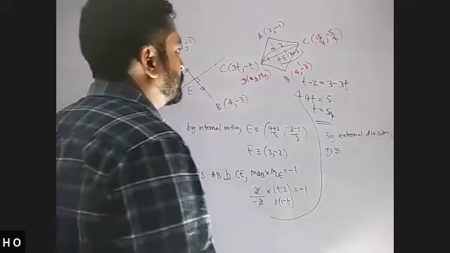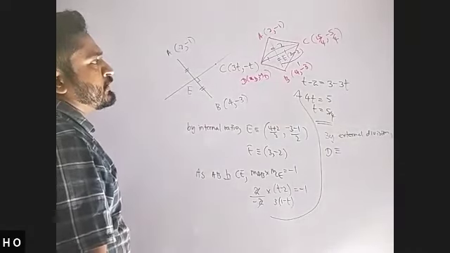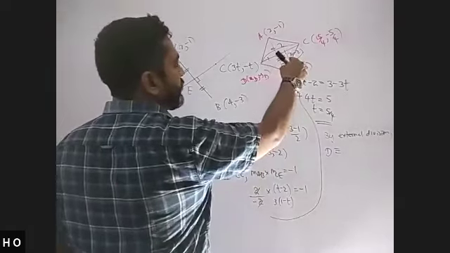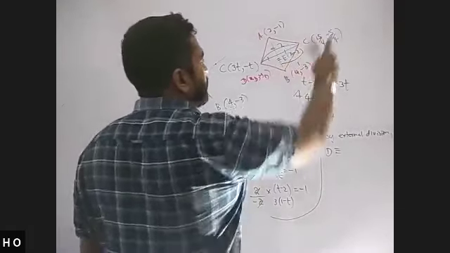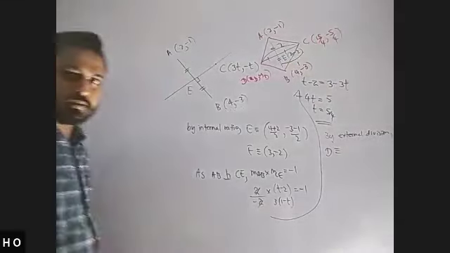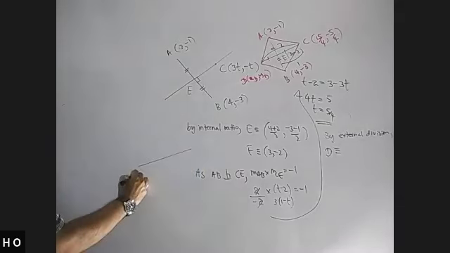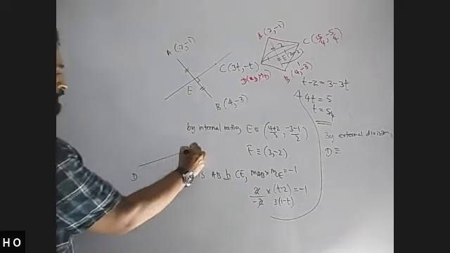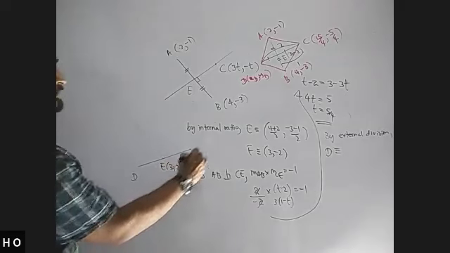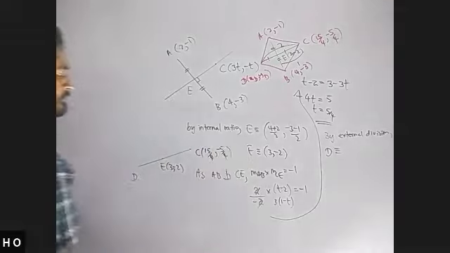So it should be a 2 to 1 division. You have to multiply by 2 and 1 in the pattern. If I separate the line here, you have D here, E is 3 and minus 2, C is 15 by 4 and minus 5 by 4.